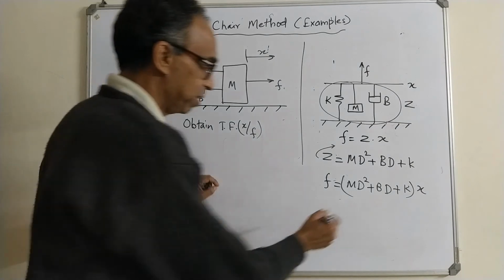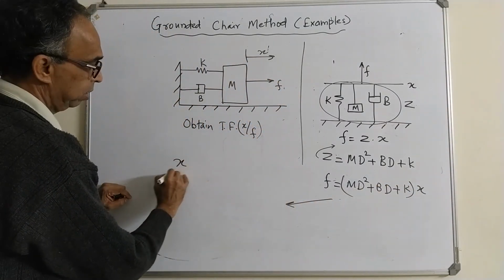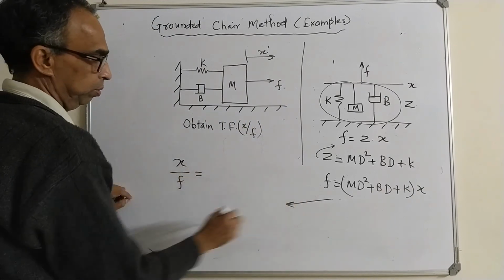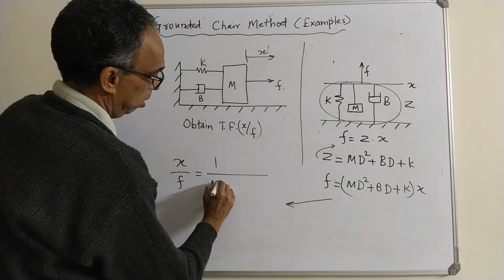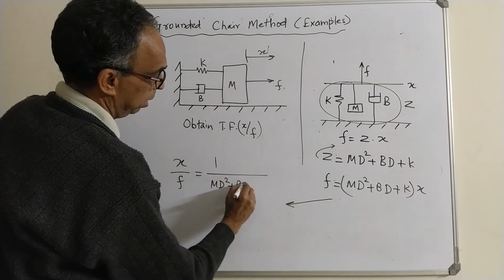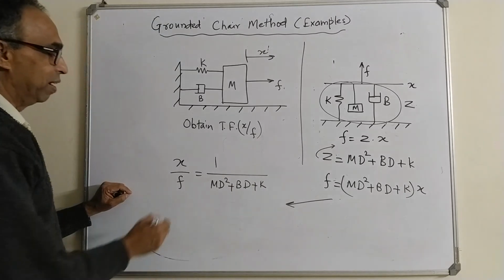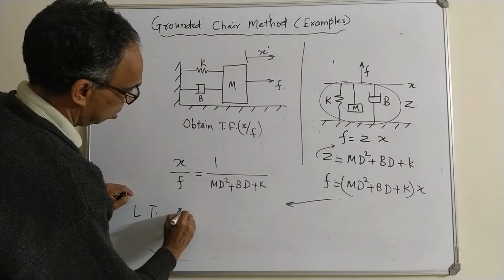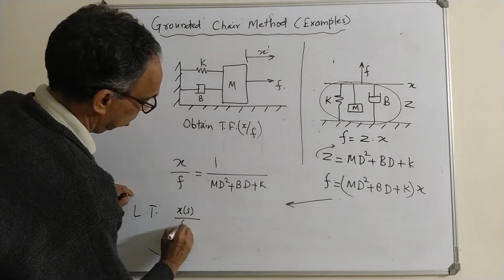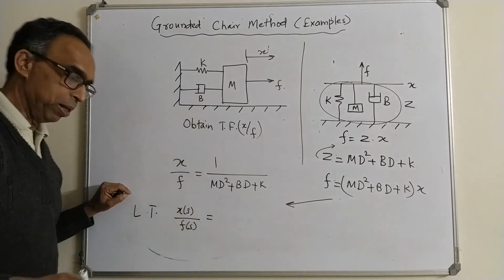Now how to get the transfer function X upon F? X upon F is equal to 1 upon MD square plus BD plus K. Isn't it simple? In Laplace transform terms, X of s upon F of s, converting the time domain into the Laplacian domain.